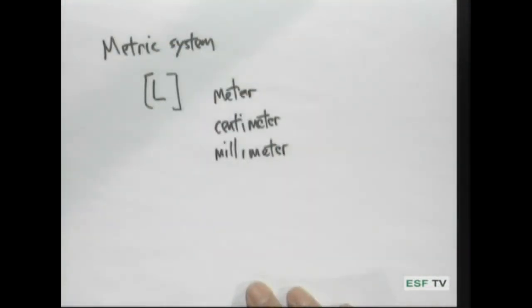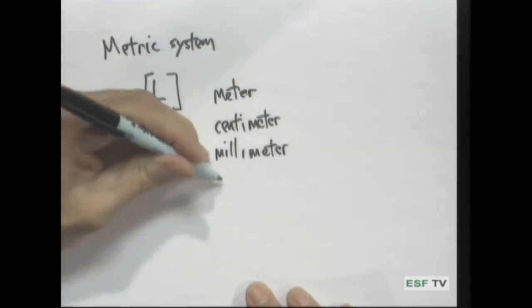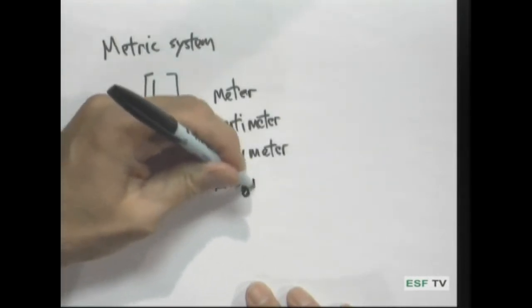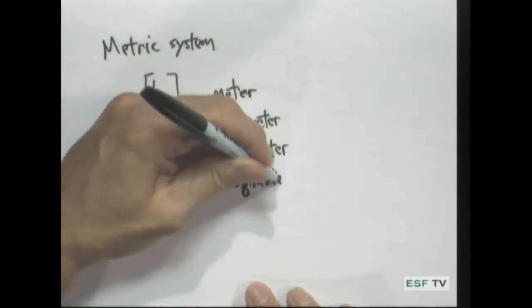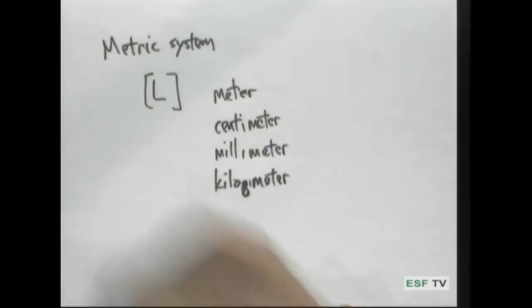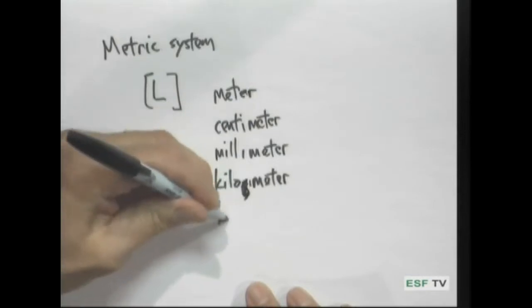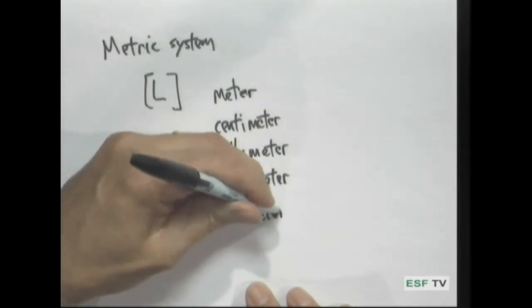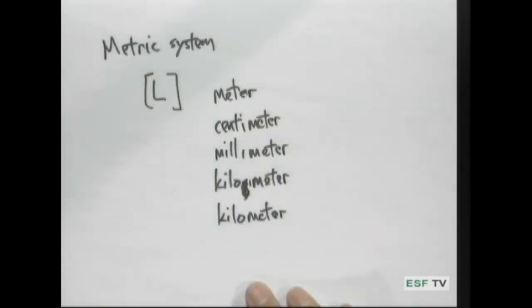This is 1/1000th of a meter. And you can talk about larger lengths. The kilometer, for example, is 1,000 meters. And again, we have a multiple of 10 operating here.